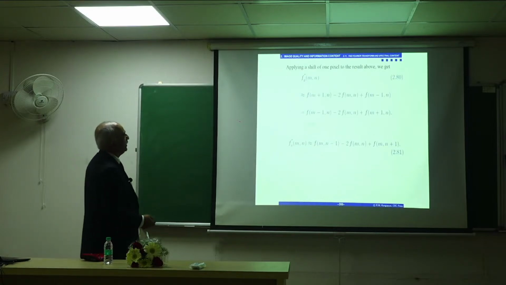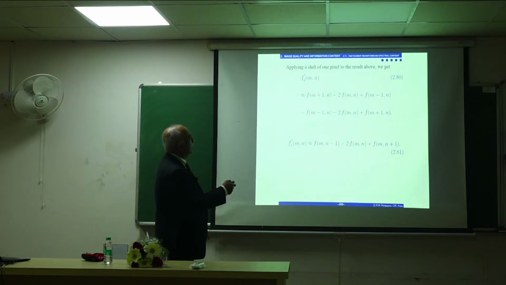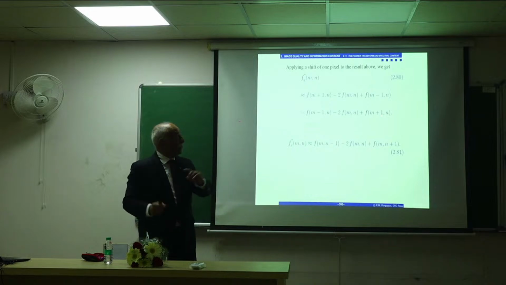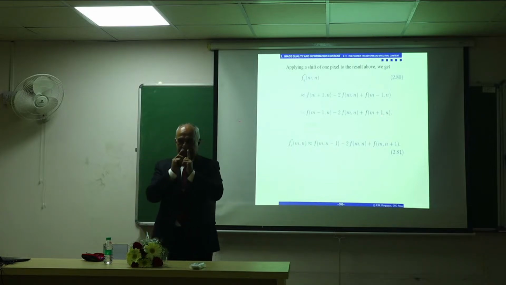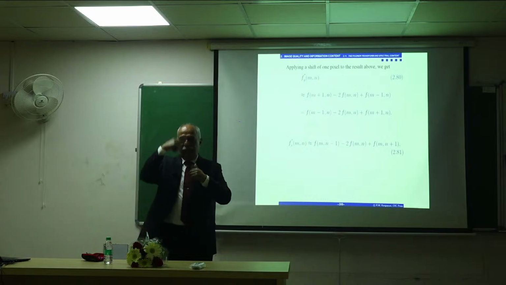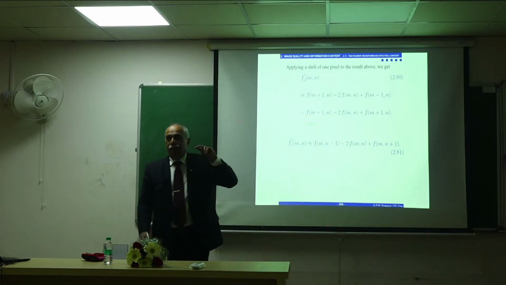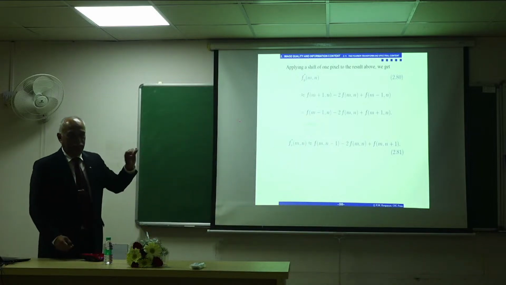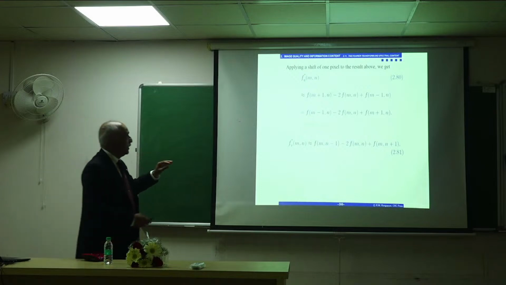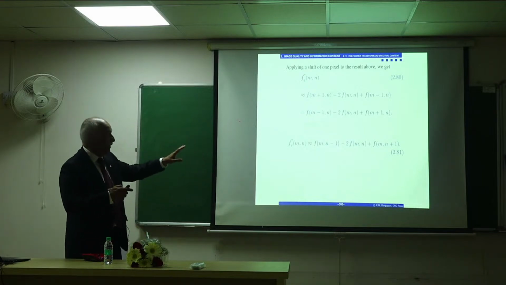So applying one shift, you get the result as f(m-1,n) minus 2f(m,n) plus f(m+1,n). So weight of negative 2 for the center pixel, plus 1 for the next and next. The same top and bottom. So those are the second order derivatives in x and y.